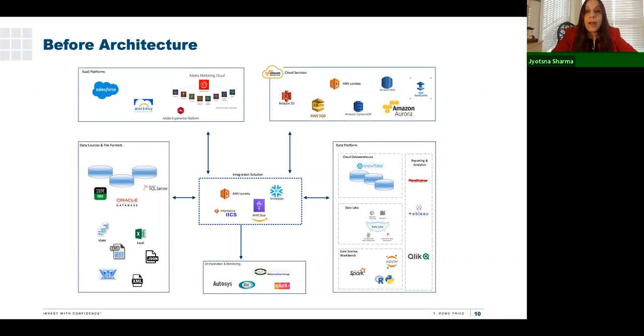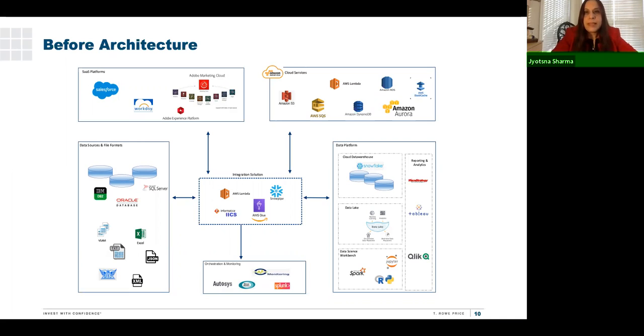At the top, we have our cloud-based SaaS solutions, our CRM system, our marketing system, workforce management system, our cloud infrastructure with all the accompanying services. And on the right-hand side, we have our analytical data platform, Snowflake as our cloud data warehouse, a cloud-based data lake, and then a data science workbench with all the associated modern tools and technologies.